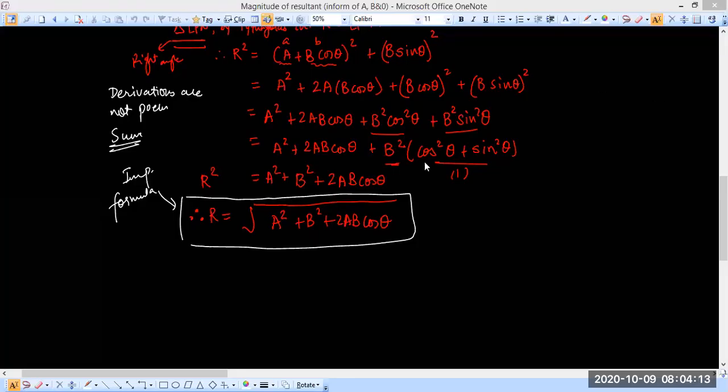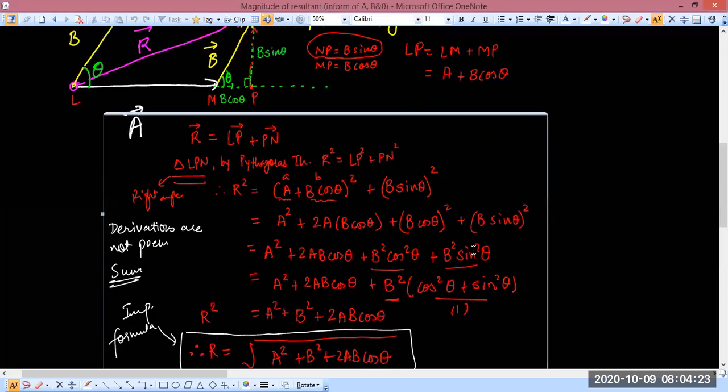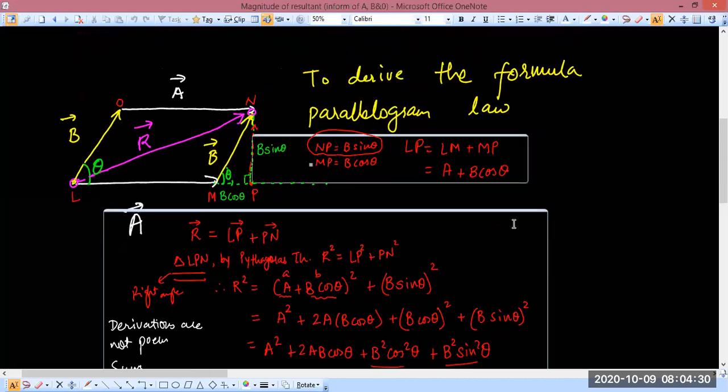Okay, so this is where we stopped yesterday. We derived the magnitude for the resultant of two vectors A and B, right?